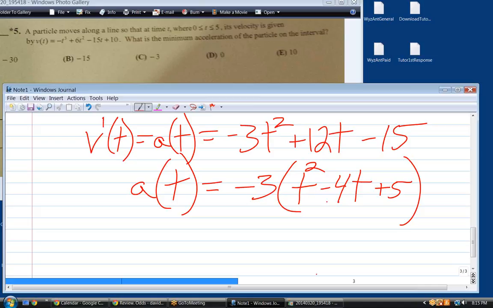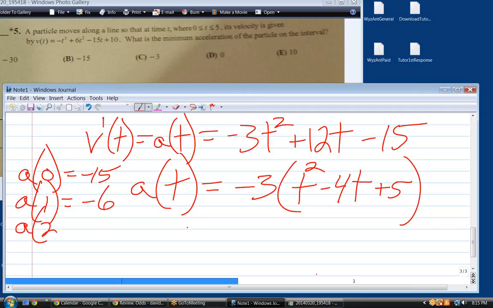So when t is 0, we've got minus 15. So a of 0 is minus 15. A of 1 is minus 6.